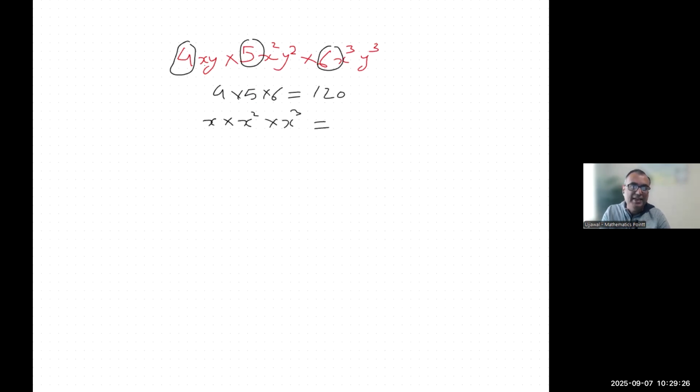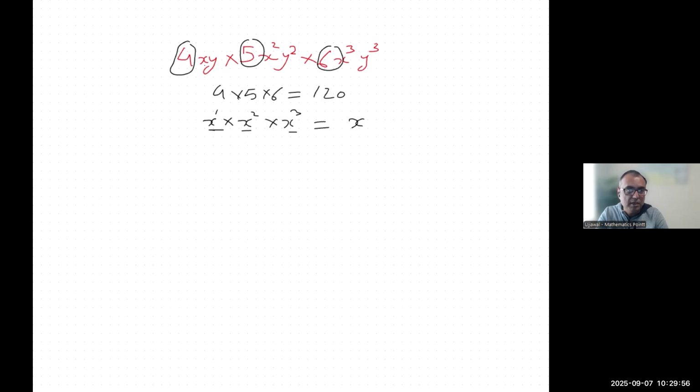Now, as I explained last week, you put them all under x, but please don't make the mistake of multiplying the powers. When the variables are the same, you just add the powers. So this x means x raised to the power of 1.